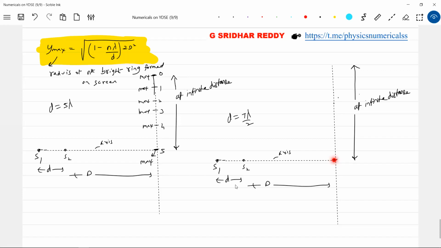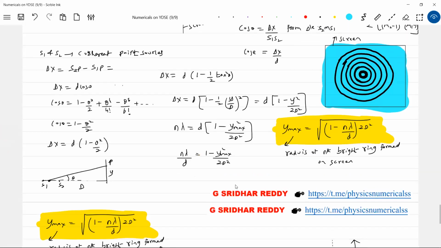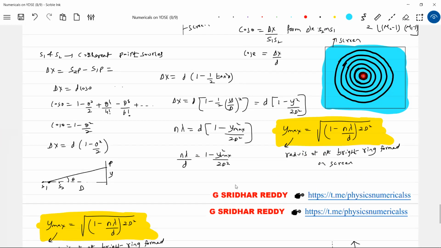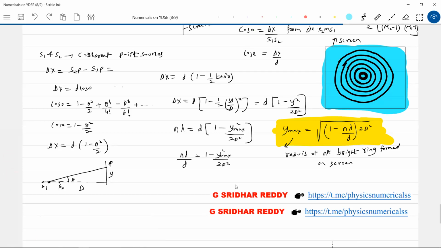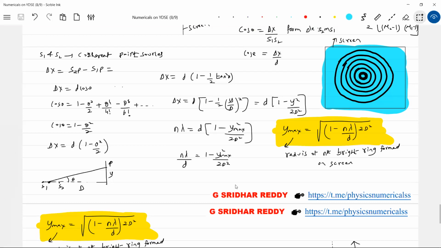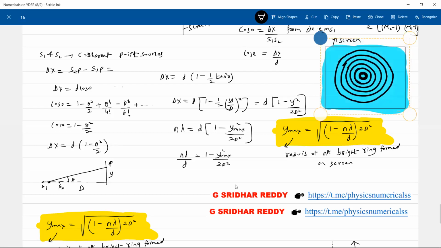Now, instead of the bright spot, how will the pattern start? With a dark spot. First a dark spot, then alternate bright and dark rings will come. So definitely in both cases, some difference will be there. Only rings will be formed.